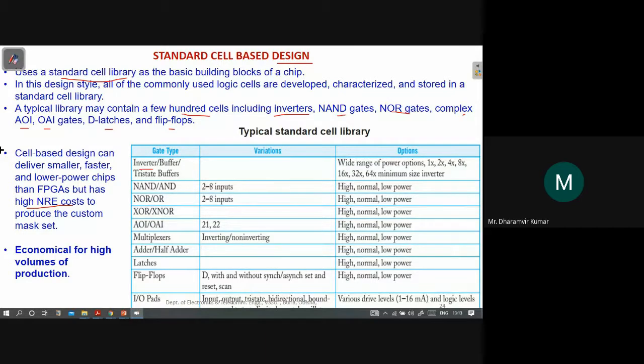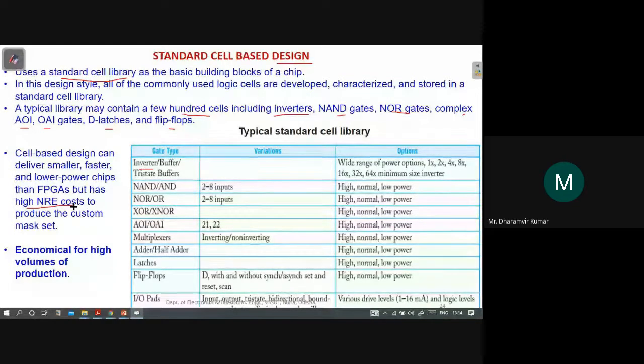And as compared to FPGA, it will give us faster, lower power consuming chips, but it involves high NRE cost. NRE stands for non-recurring engineering costs, the cost involved in a design process initially, which cannot be recovered.